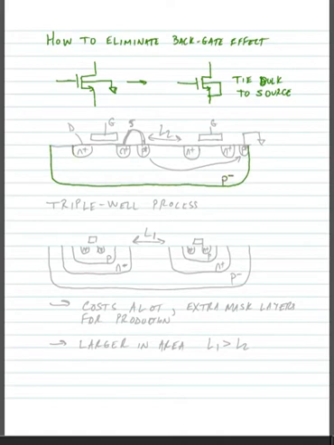Okay, so here we have an NMOS transistor, and let's say over here we have another NMOS transistor. And next to these NMOS transistors, we usually put a P+ region. So here's our gate.